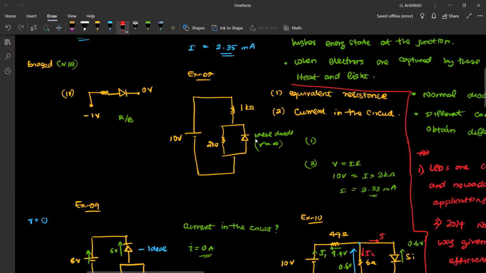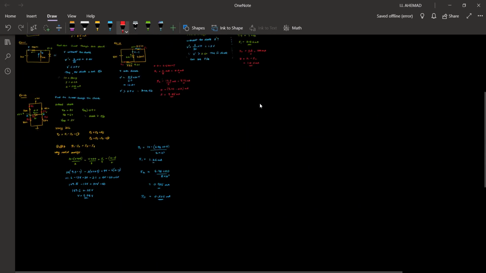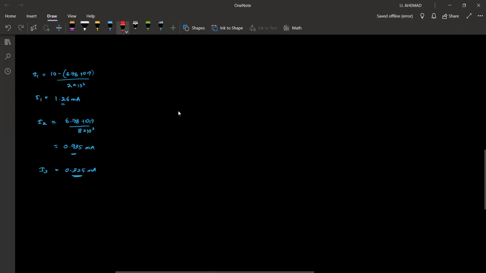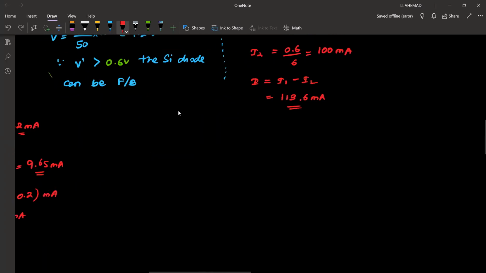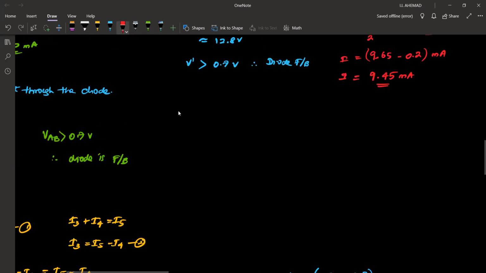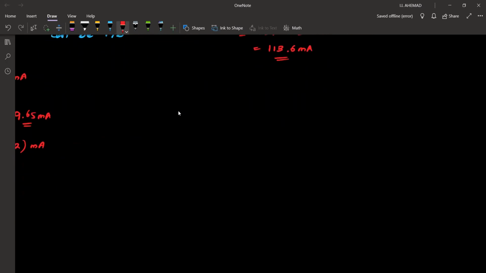Next topic, photodiodes. So the photodiode is the opposite of LEDs.